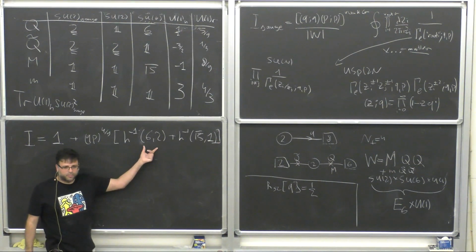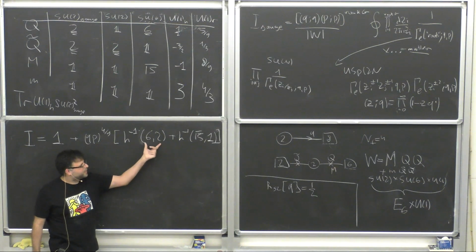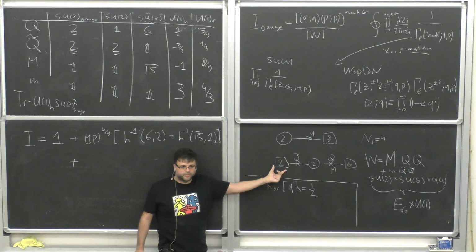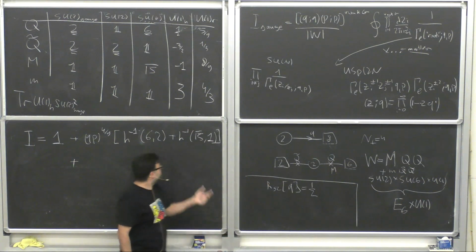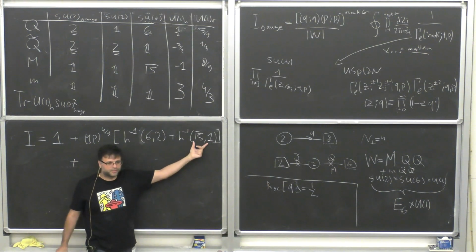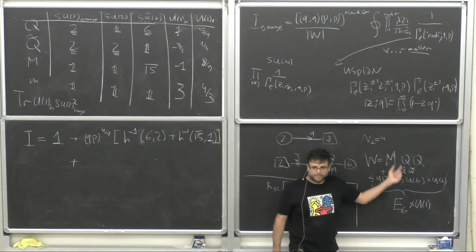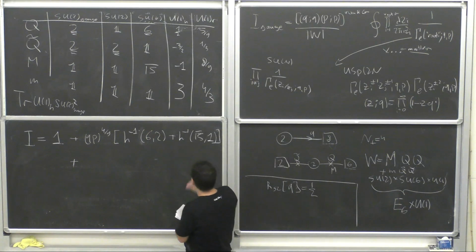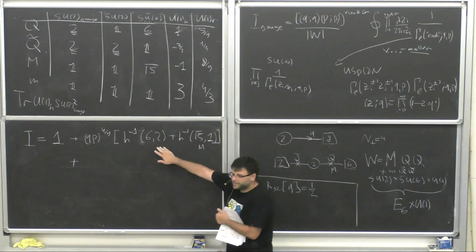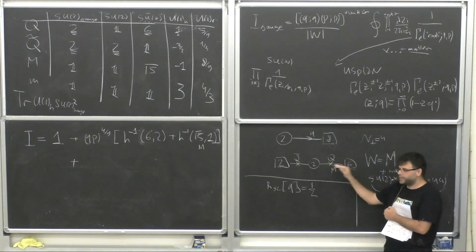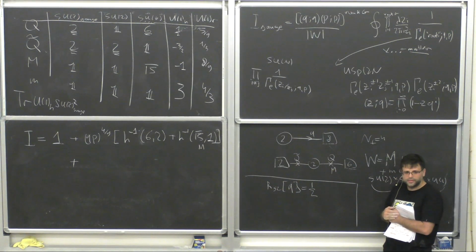Remember that we count operators. What do you think these terms correspond to? Which operators in this theory can we build? This is the easier part. These are just the m's. What is a gauge invariant operator that you can build?